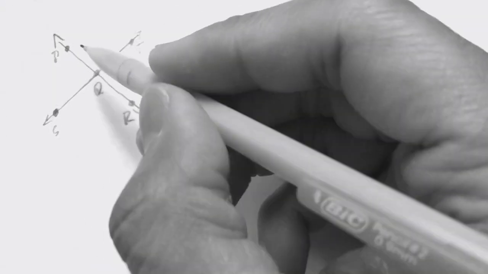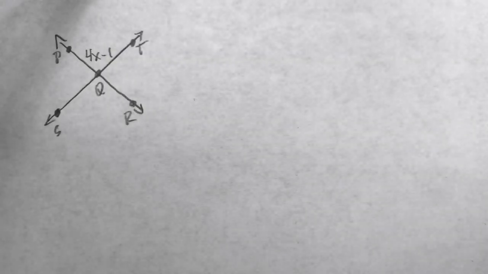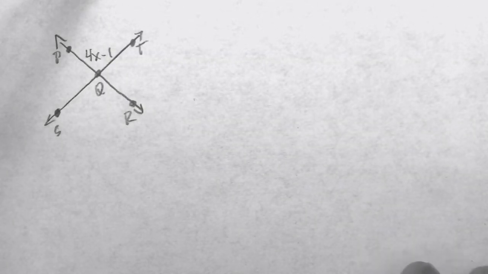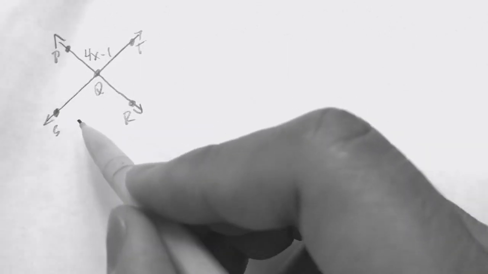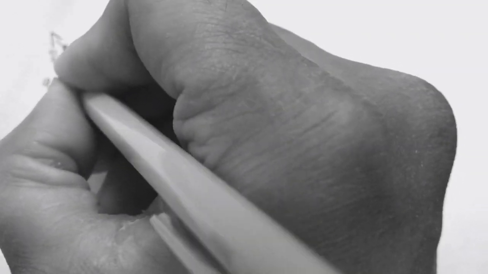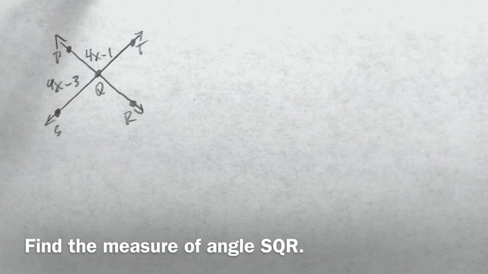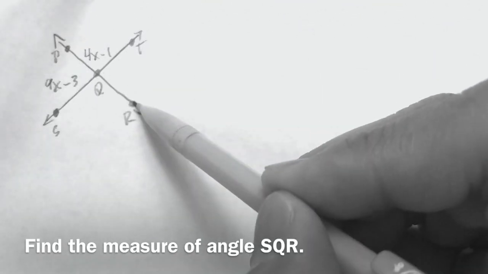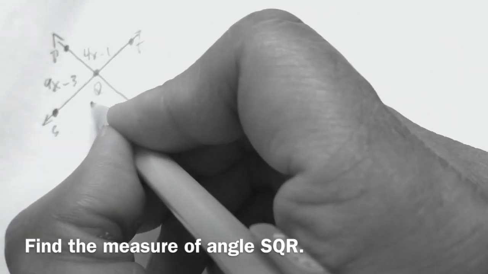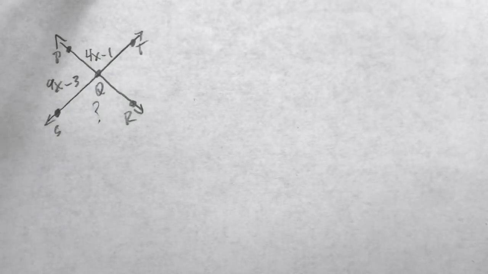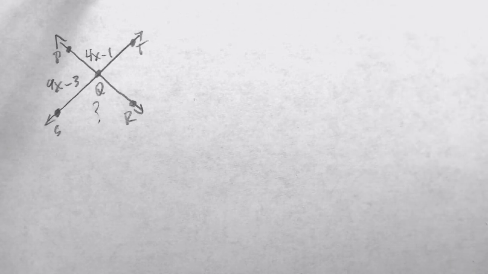Now, if the measure of PQT is 4x minus 1, and the measure of SQP is 9x minus 3, and we want to find the measure of SQR down here, again, we have to set up some sort of equation first, find x, and plug it back in so that we can find SQR.